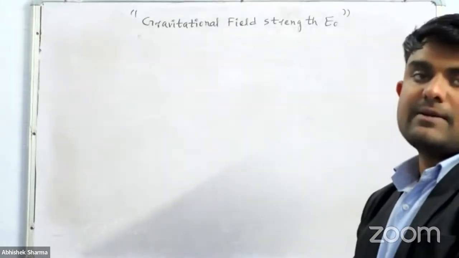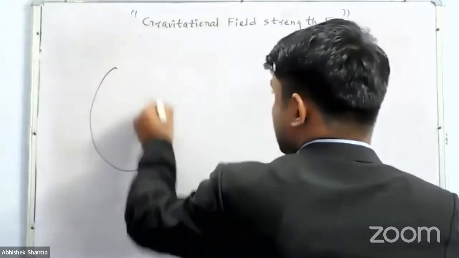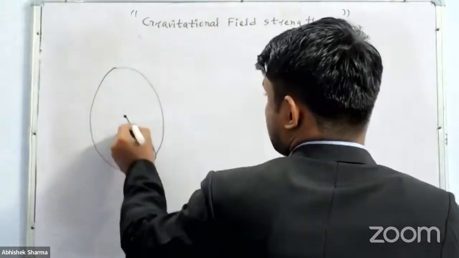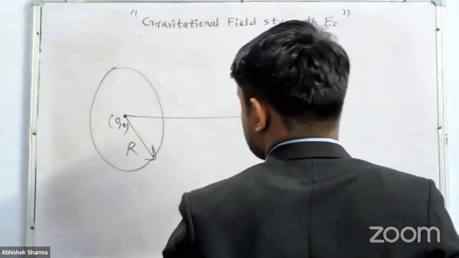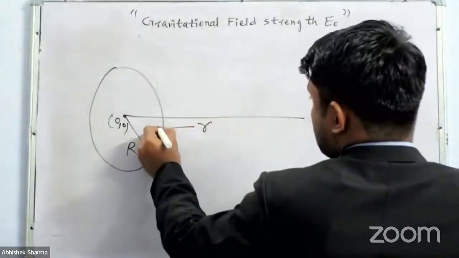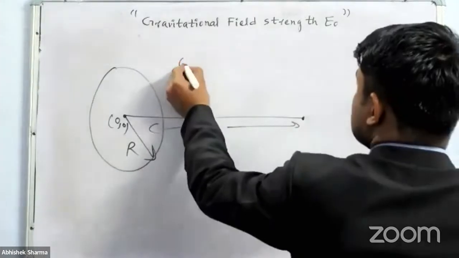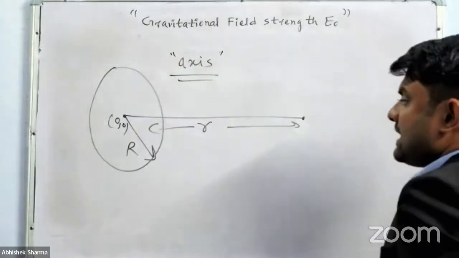So now we must remember one more formula. Suppose they're having a ring, and the ring's radius is capital R, and the center is at 0, 0. At a distance from the center on the axis, we are basically talking about the axis.